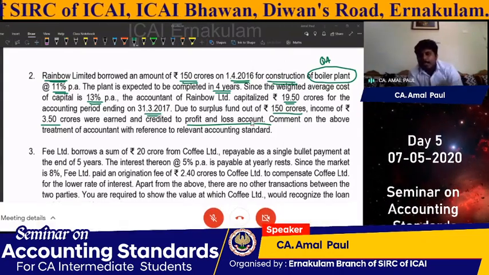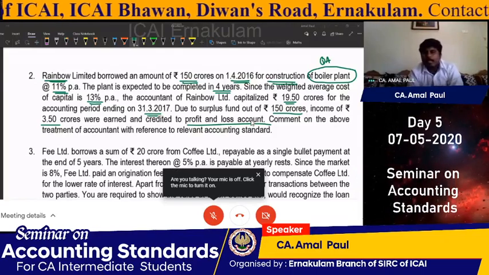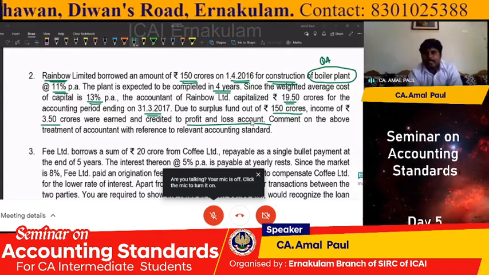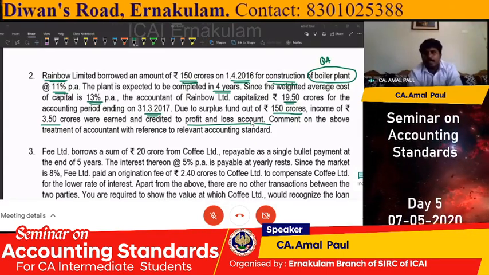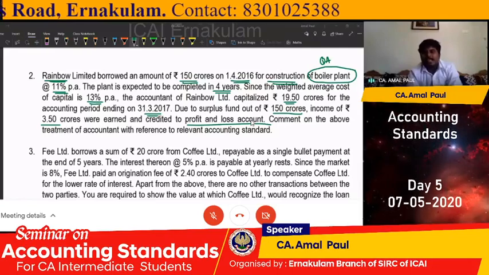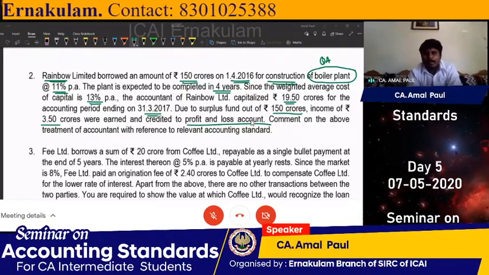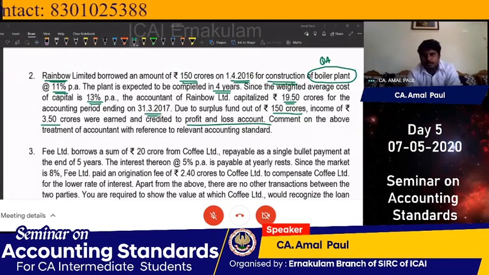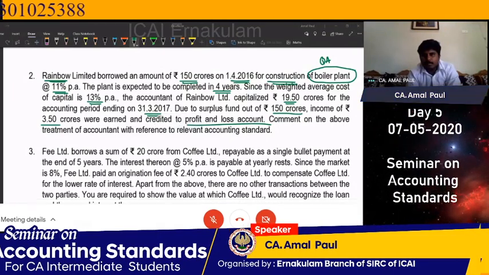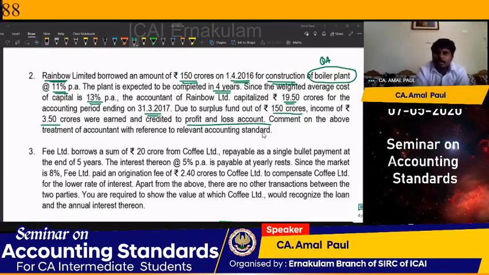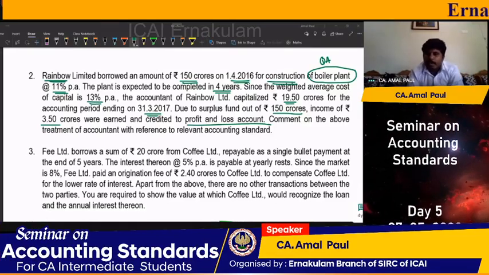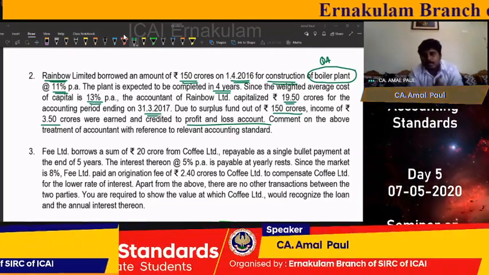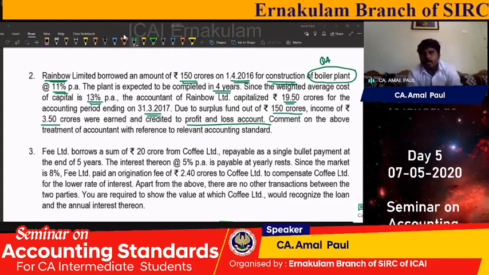Income from temporary investment. Okay, right. Then anything else? Income not reduced. Okay, fine. Then other than this, whether there is any other error? Four years is greater than 12 months, so it's a qualifying asset. Okay, fine. This is another aspect we have considered already.